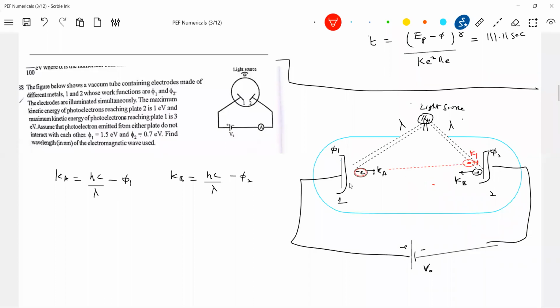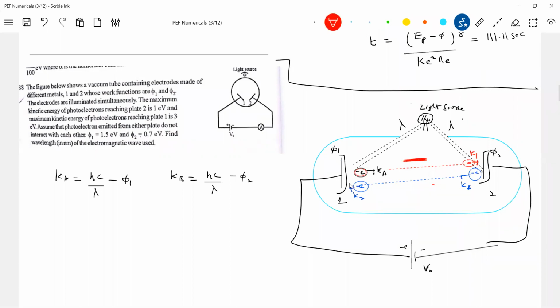And this will be Kb. By the time it reaches here, K2. And the electrostatic field is in this direction.